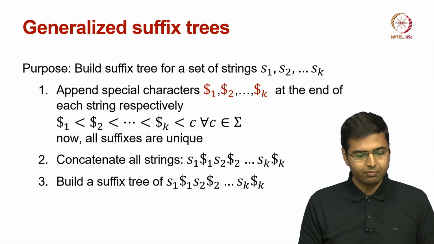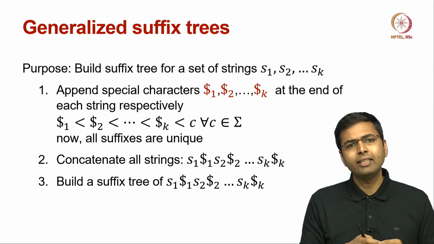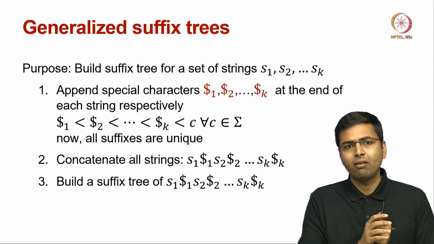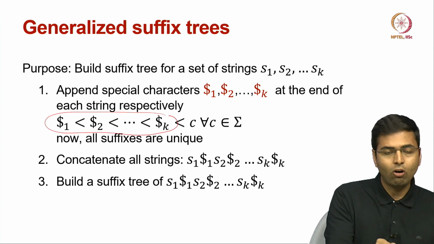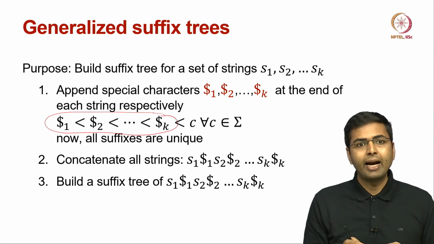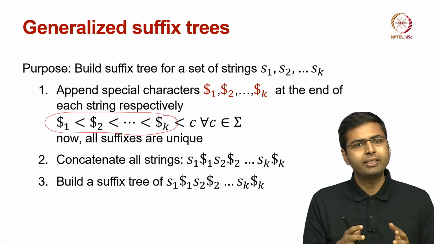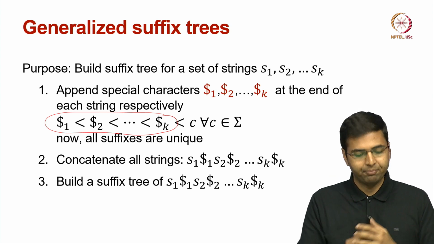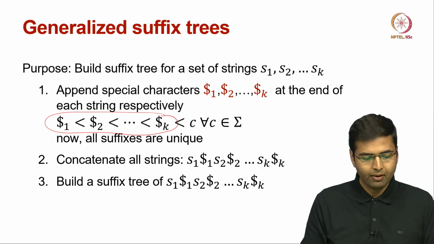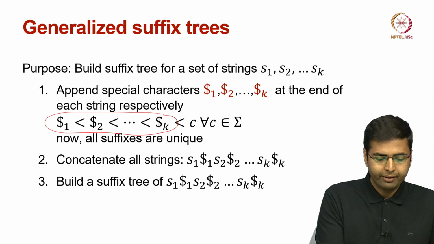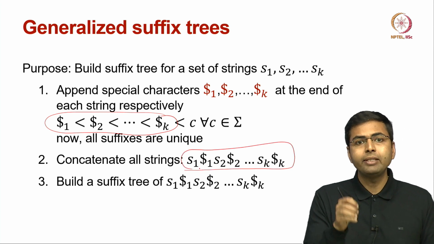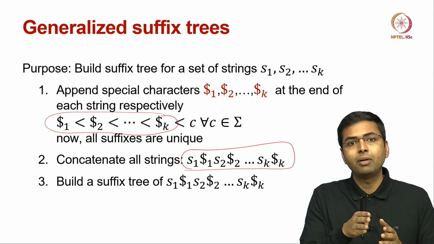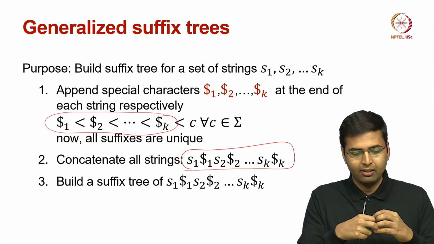Now with this ordering, the ordering of the suffixes can be unambiguously defined, because once we have the lexicographical ordering of the characters, I can compose any strings of these symbols and order them. As I said, we will concatenate these strings using these symbols as separators.